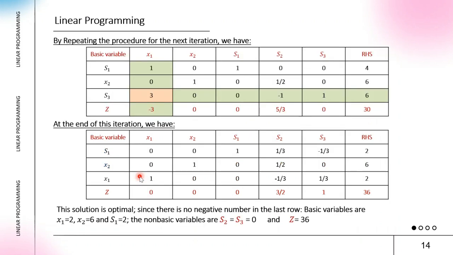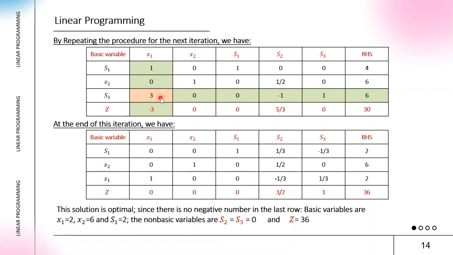This slide summarizes the next iteration and the final table. After repeating the pivot step, x1 enters the basis and S3 leaves. As we can see from the table on the top of the slide, it means that we have the optimal solution.